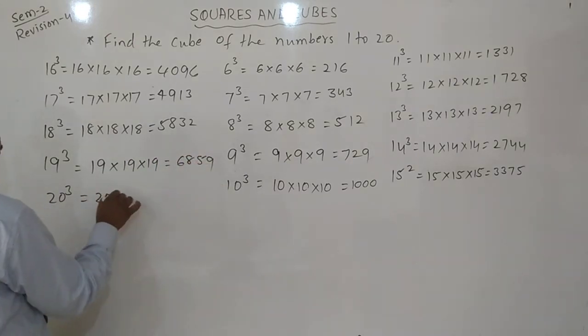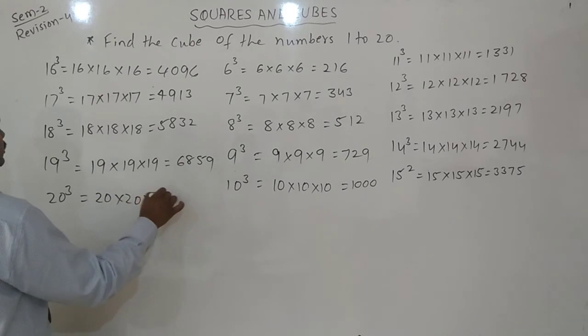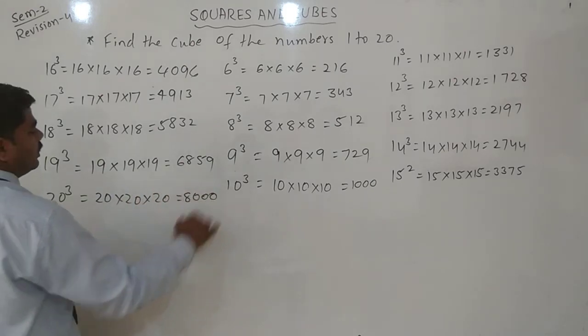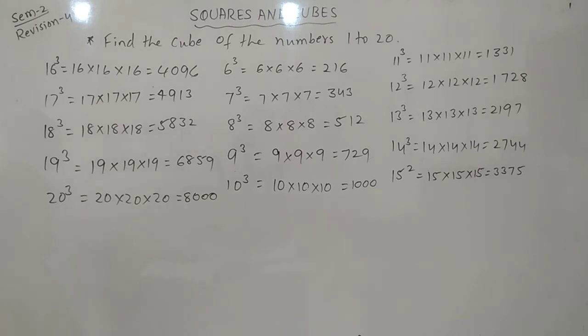And 20 cube, that is equal to 8000. We can write. Let's write down these cube numbers 1 to 20.